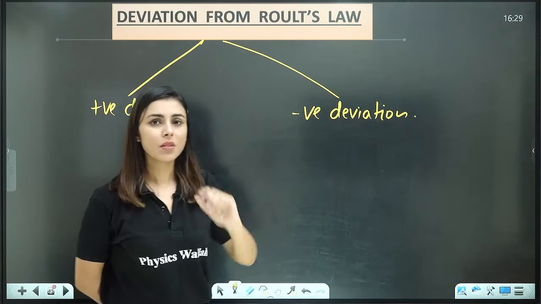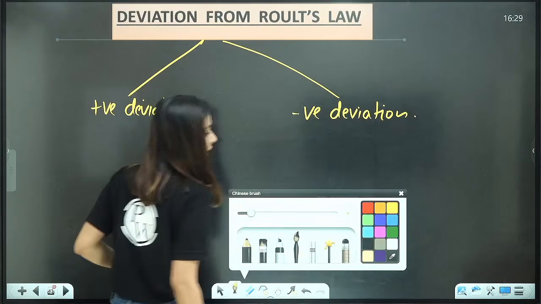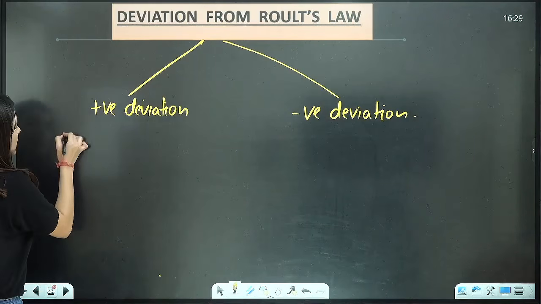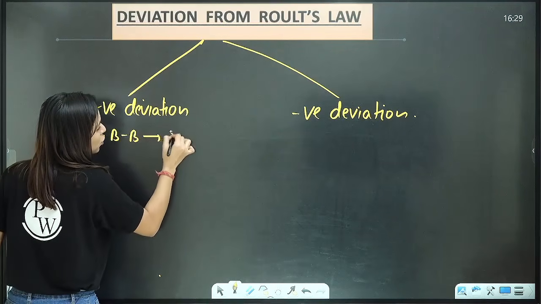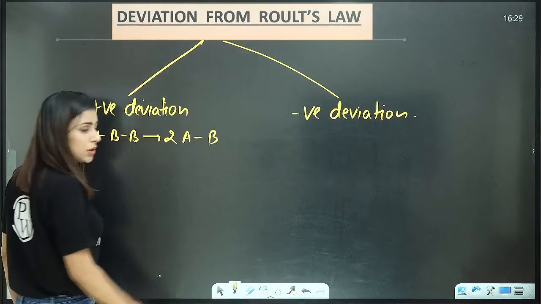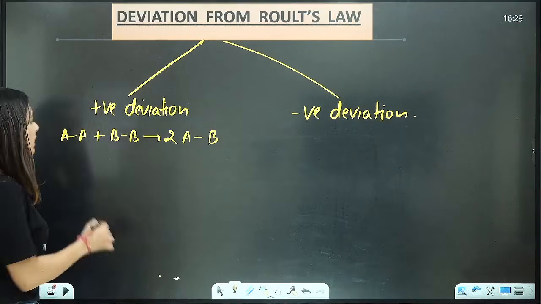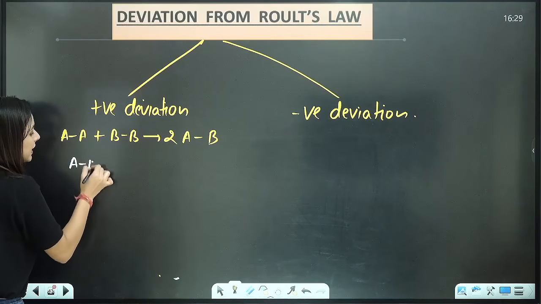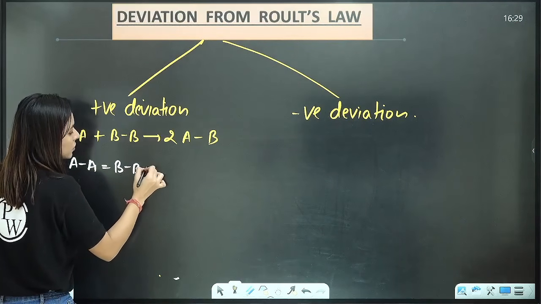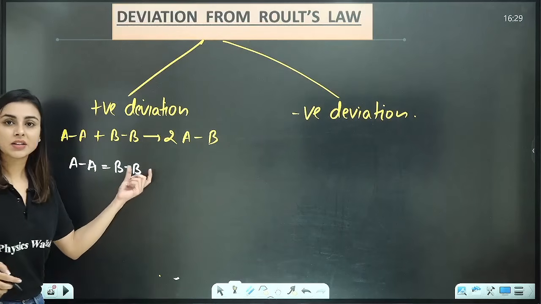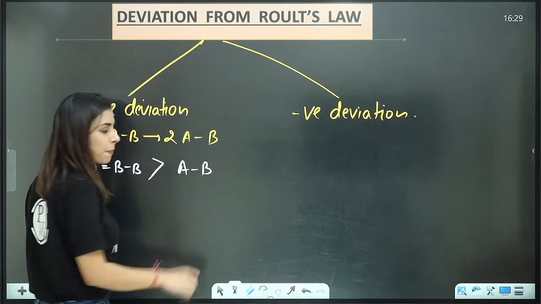Okay, and consider it. If you say that AA plus BB gives you 2AB. Now, what if, my dear students, the AA interactions and BB interactions are stronger than AB interactions, right?